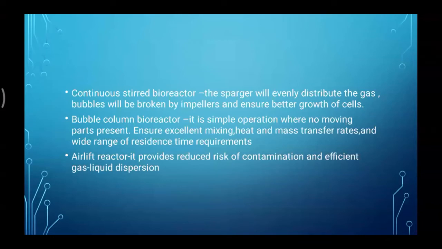In the riser part we inlet the gas, and in the downer part it flows down. Based on this loop structure, the airlift reactor is categorized into internal loop and external loop. It reduces the risk of contamination and gives efficient gas liquid dispersion.